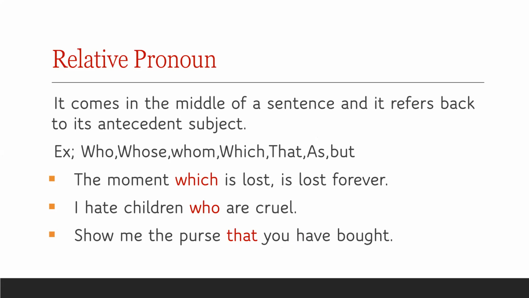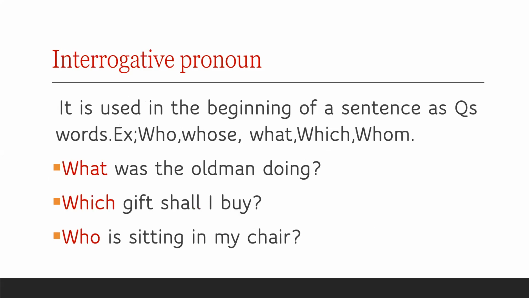The moment which is lost forever. Now, which here is relative pronoun. I hate children who are cruel. Who here is relative pronoun. Show me the purse that you have bought. That serves as relative pronoun.